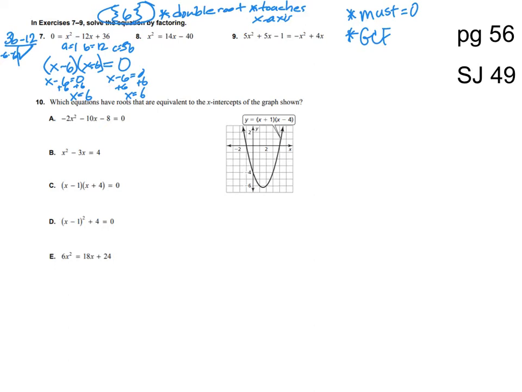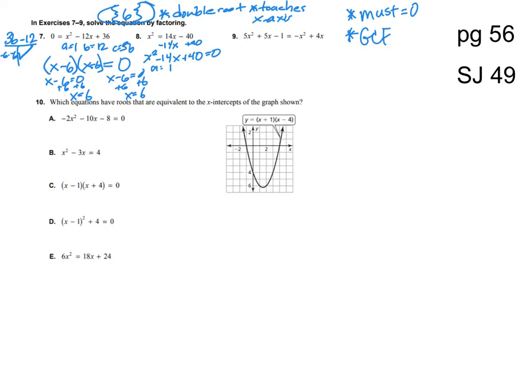Now, let's look at number 8. It does not equal 0, and I would not move the x squared to the left. I would subtract 14x and add 40 to solve this. So I would have x squared minus 14x plus 40 equals 0.